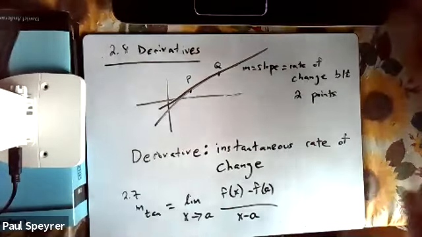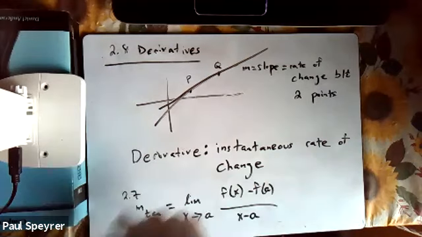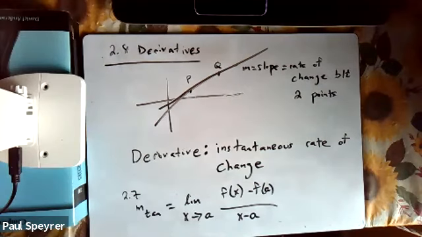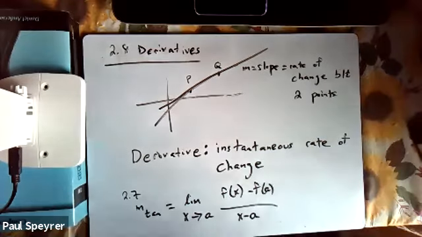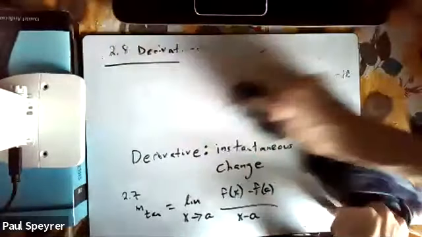Now, what's the difference between that and the derivative formula? Well, it's nothing really. It's basically just a change of letters. We work it out the same exact way.